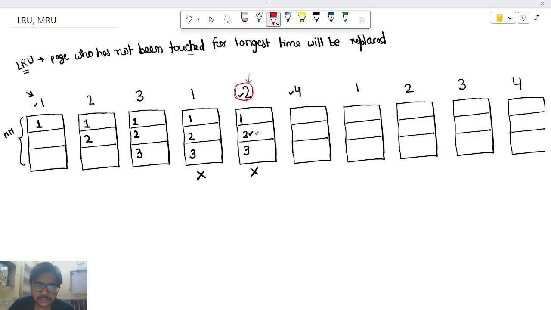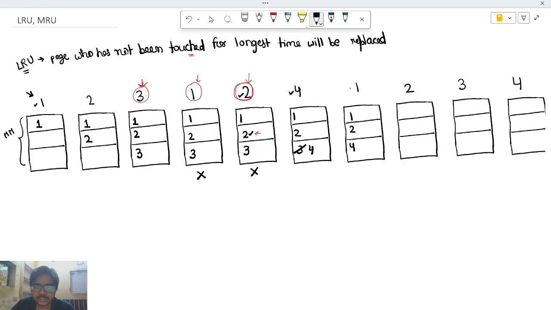So it is touched recently, and 1 was also touched before 2, and before 1, 3 was touched. So out of 1 2 3, who has been touched for a very long time? It was 3. So 3 is the one which has not been touched for the longest time, so 3 will be replaced by 4. So now 1 2 4.